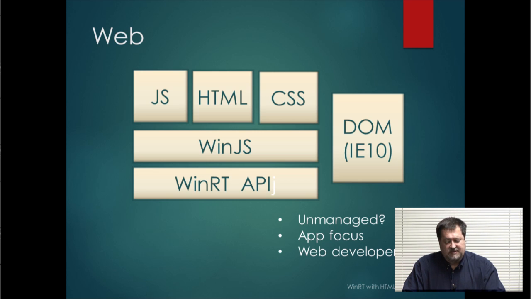At the same time, Internet Explorer is kind of embedded back in there in the background, and they're working on optimizing the heck out of it, and there's huge amounts of work to make the JavaScript compilation and running process much more efficient and much faster. So you're really programming to the DOM through an IE in the background, and you're programming to WinRT.